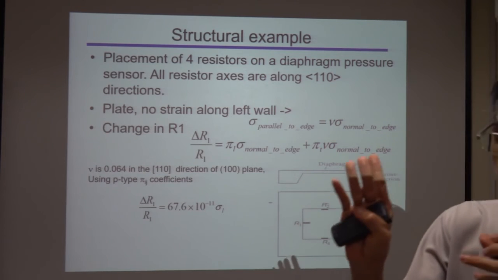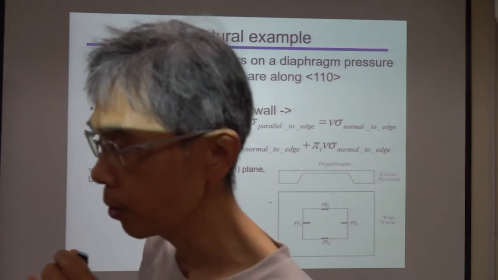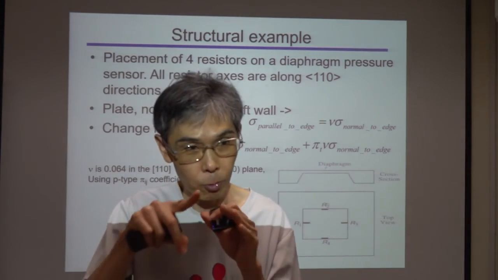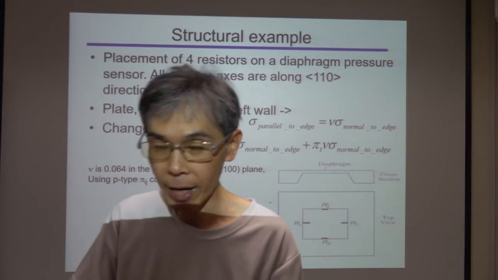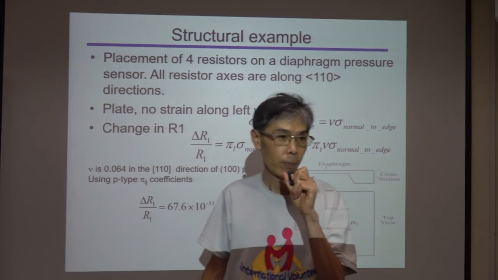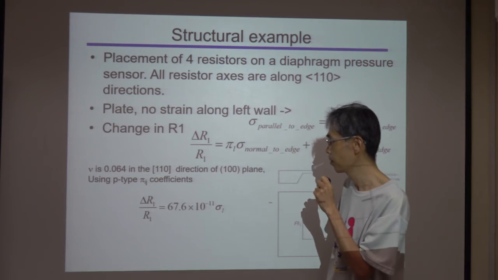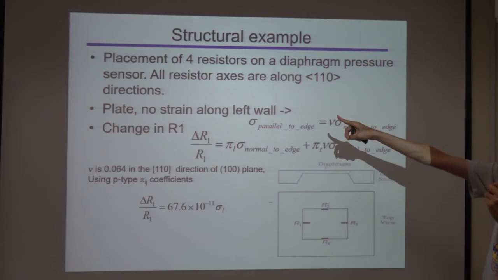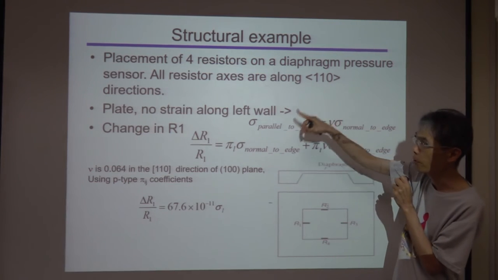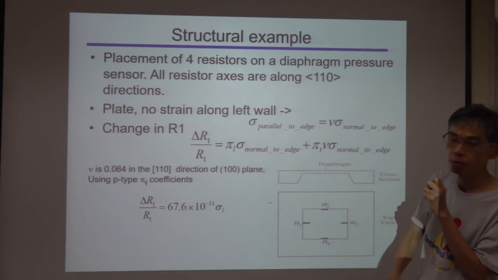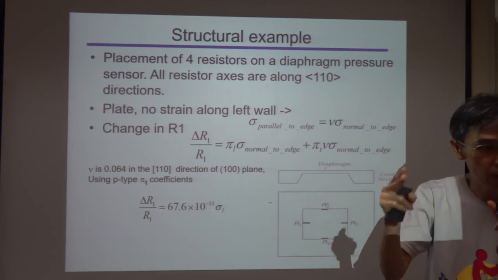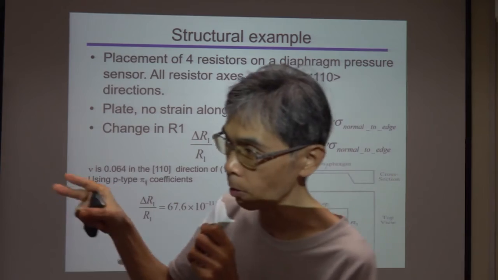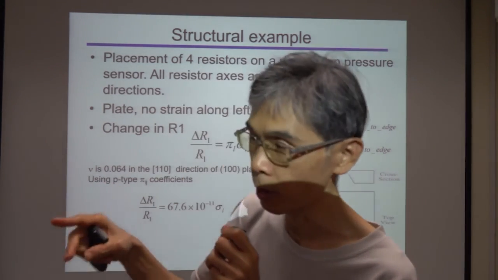These four piezoresistors form a Wheatstone bridge for voltage output. The resistors are along the 110 direction, so you have calculated the pi L and pi T values for piezoresistors on a 100 wafer along 110 directions.